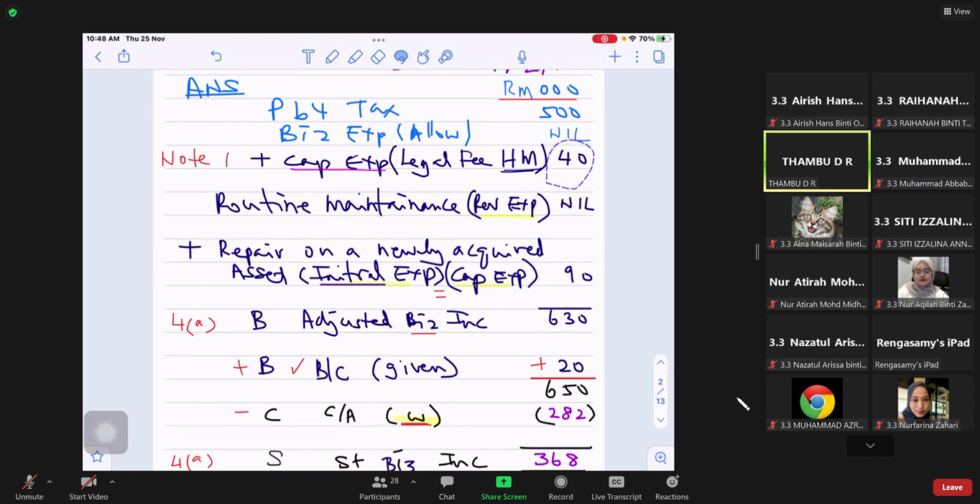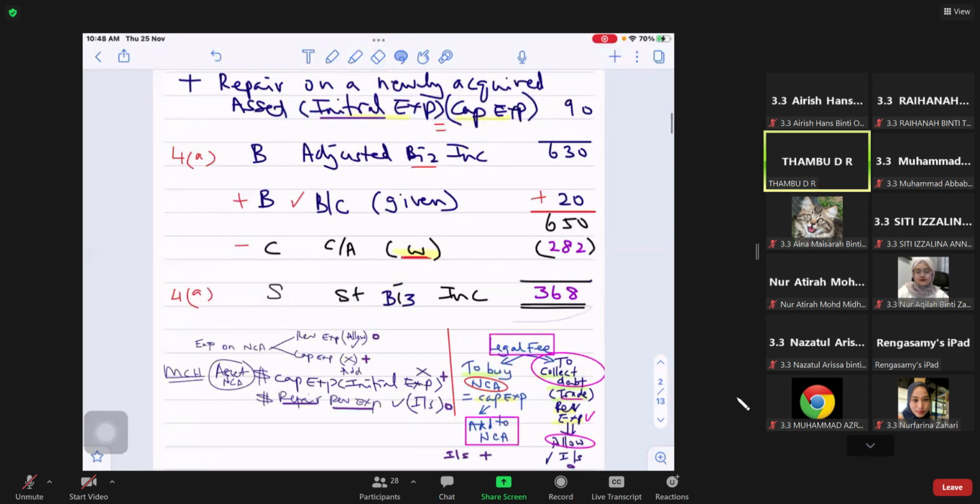Add back means credit here, and then you debit your asset account. This one is routine repair on a newly acquired asset, initial, so you credit here and debit your asset. 630, BBC given, and that is your statutory income. I'll show you how to get this.